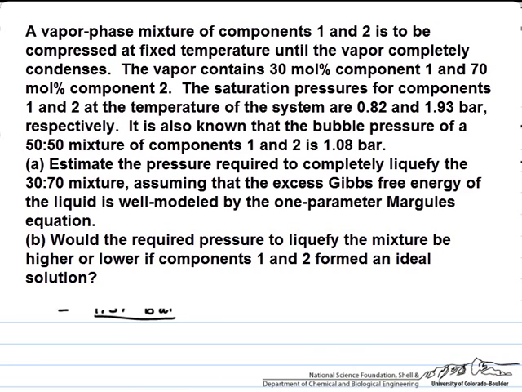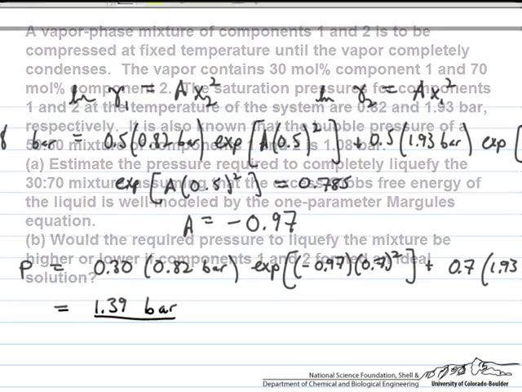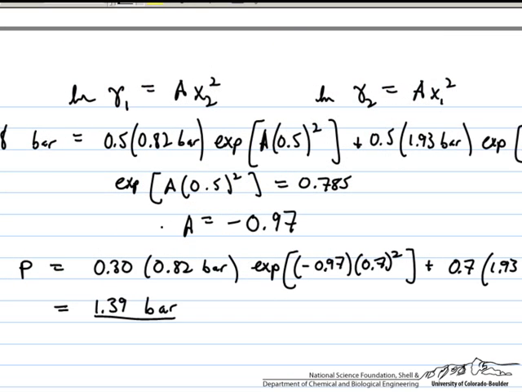And so in this case, if we go back and look at what we solved for, we found that the value of A is negative, and a negative value of A is going to cause our gamma term, when we take the exponential of A x squared and these kind of terms, to be less than 1. All right, so our activity coefficients are less than 1.